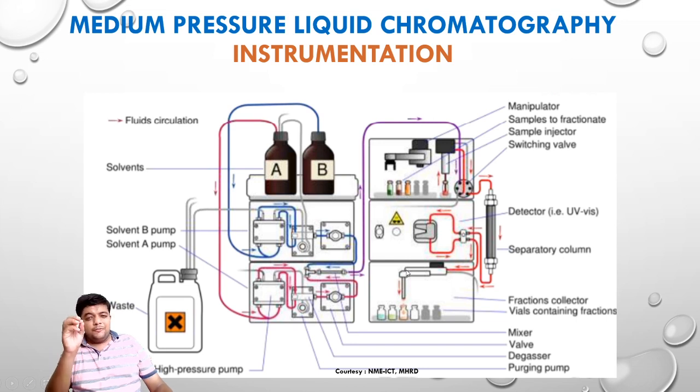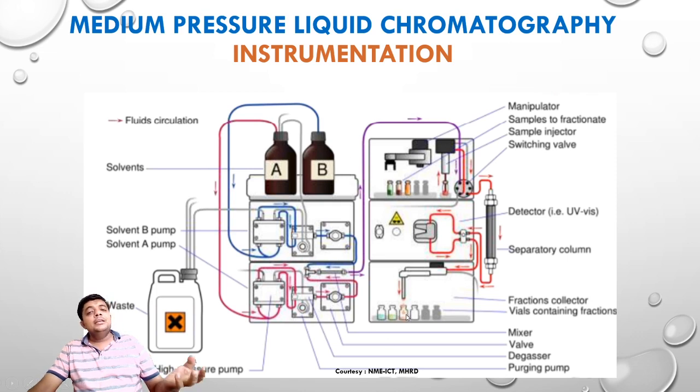Let us assume your first sample has a lambda max of 254, second is 454, and third one is 654. So until and unless your detector detects the sample of 254 lambda max value, it will get collected in this first vessel. When the detector shifts from 254 to 454 lambda max value, the fractional collector will shift from first to second.